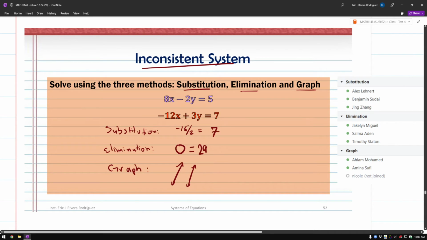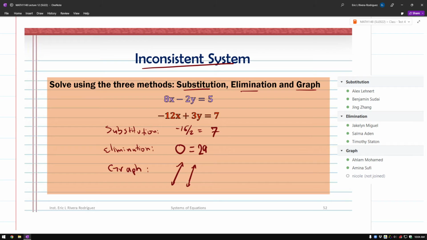Okay, so with these answers that you have given me, do you think that you are wrong or right? You solve the system.